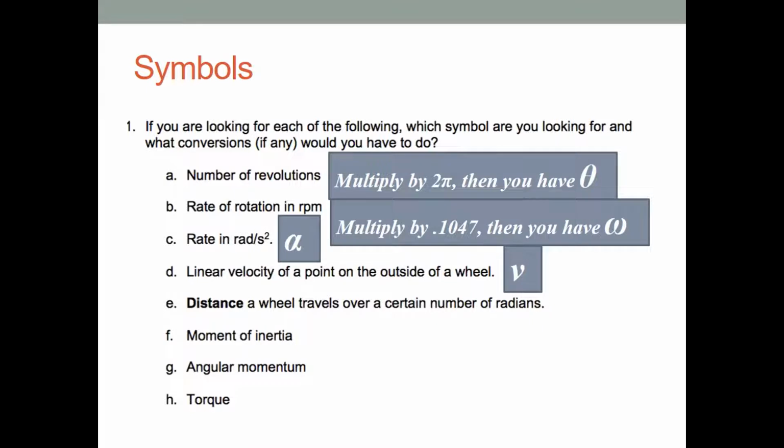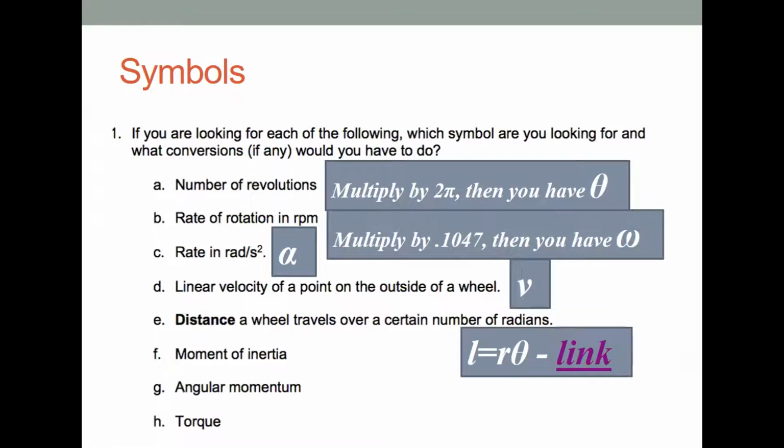So you're looking for arc length if you're looking for distance, which is L. If you need help visualizing this, this might be a way to visualize it. If it's rolling, you see that the distance it rolls is the same as the arc length it travels, right? So that's a way to visualize that if you need it.